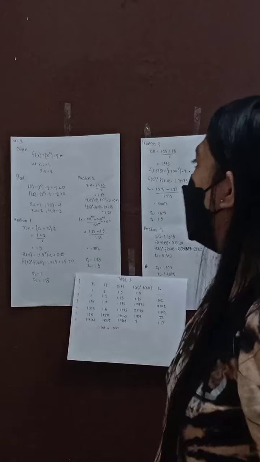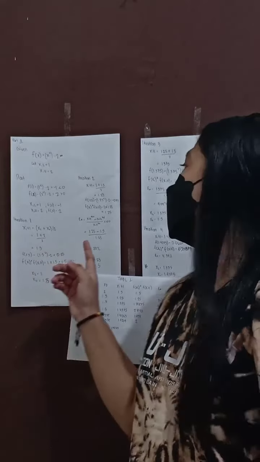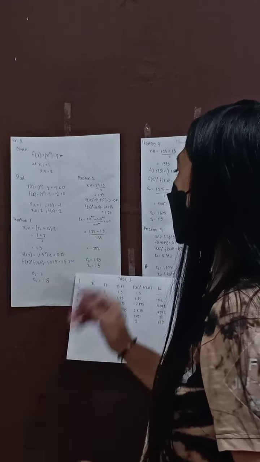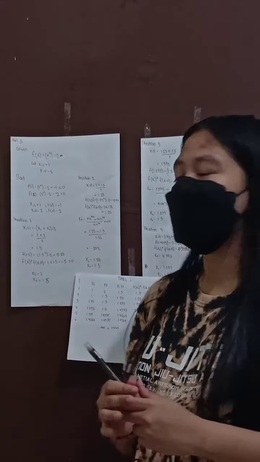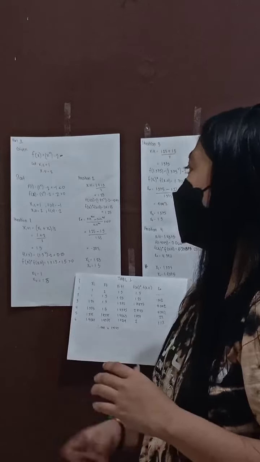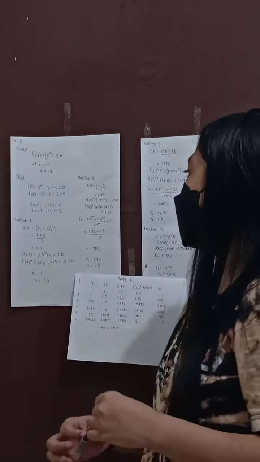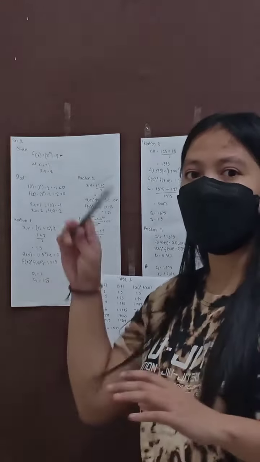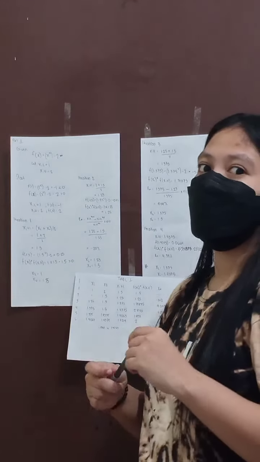So in iteration 3, have you seen there is an EA? There is no EA in iteration 1 because there is no old xi plus 1. So the EA we're going to use starts in iteration 2.